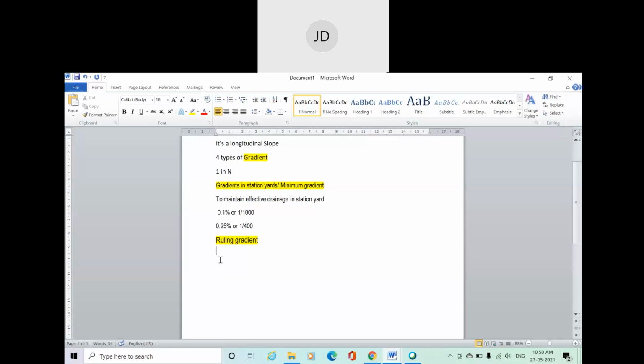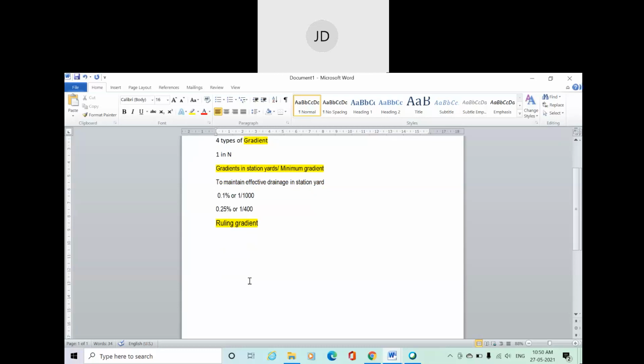Now, how to understand this definition? Let me explain by a graphical illustration.